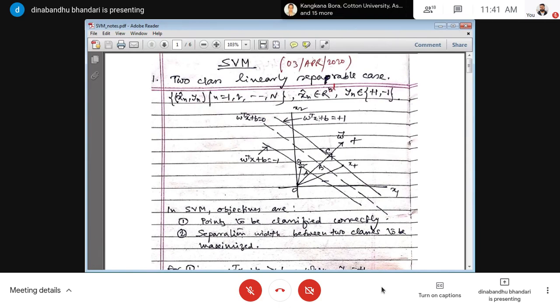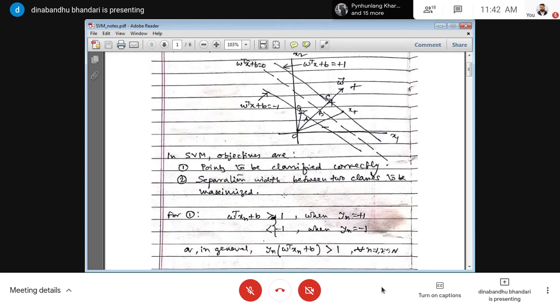Now, what is W transpose x plus from this equation? W transpose x plus will be 1 minus B. You take this B to the other side. And W transpose x minus will be minus 1 minus B. Correct? Because x plus is a point on this line and x minus is a point on this line, they will satisfy the respective equations. That's what we have done.